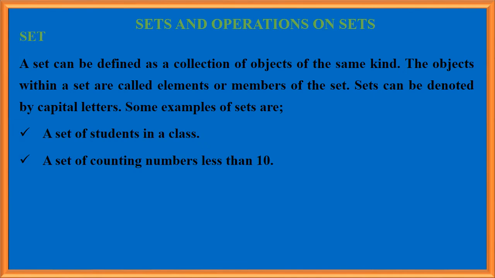Another example is a set of all Ghanaians living abroad. We can also have a set labeled G with elements 1, 2, 3, 4, 5, 6, and 7.